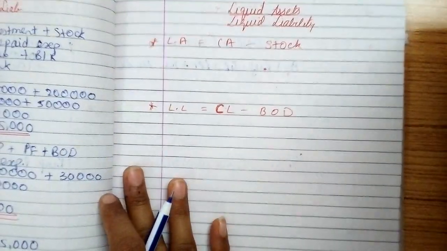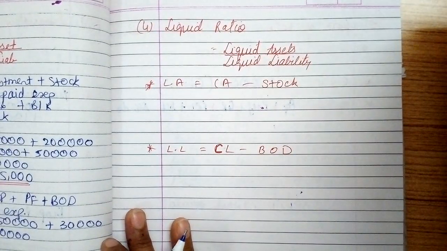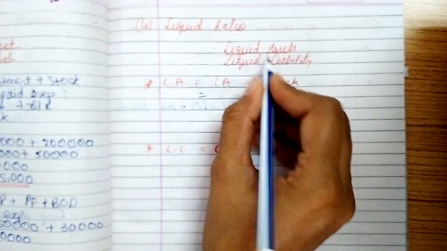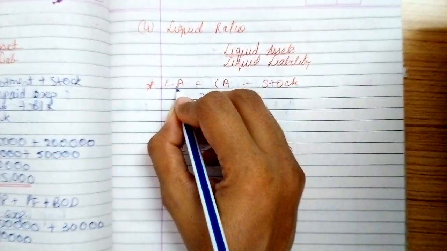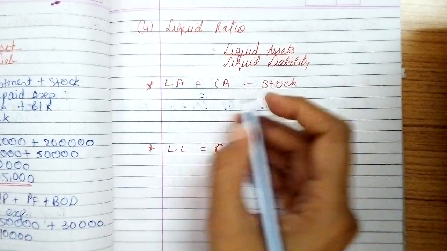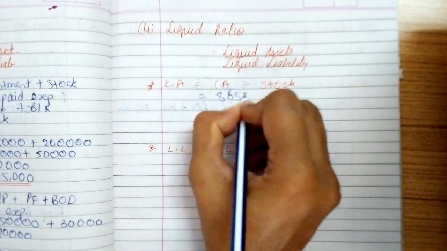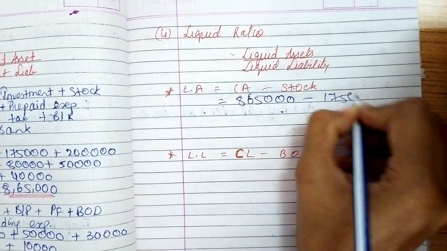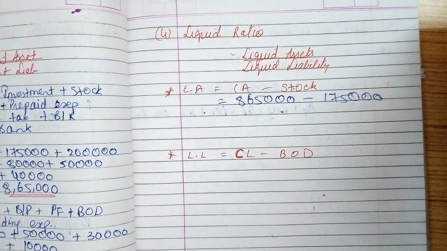Now moving further with the calculation of the fourth information, liquid ratio. The formula is liquid asset upon liquid liability, where liquid asset means current asset minus stock. So we have the current assets of 8,65,000 minus stock 1,75,000.